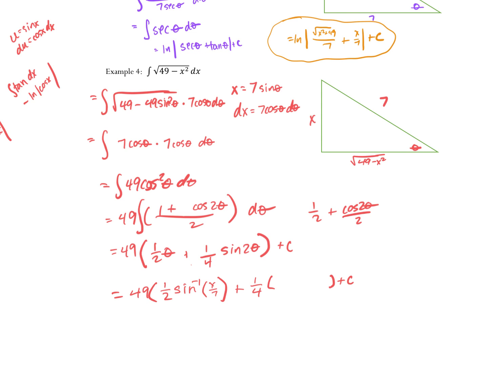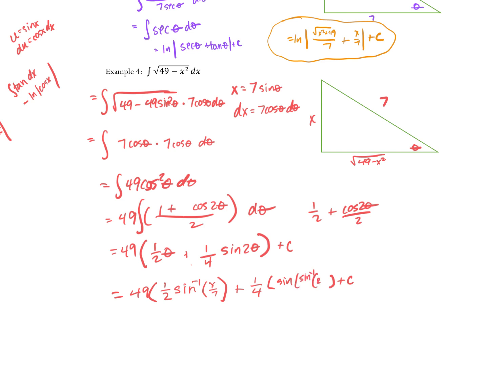It has to do with, when you're taking the sine of 2 theta, that's not equivalent to 2 sine of theta. So you can't just. We don't know what theta is. So you want to call this sine of the sine inverse.